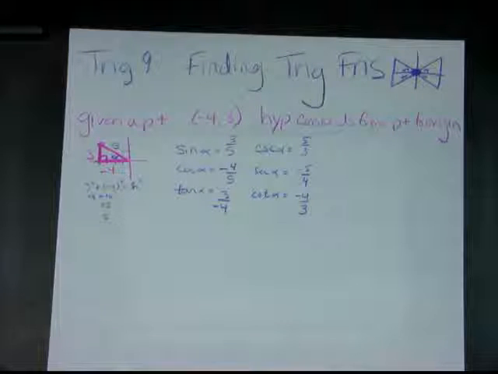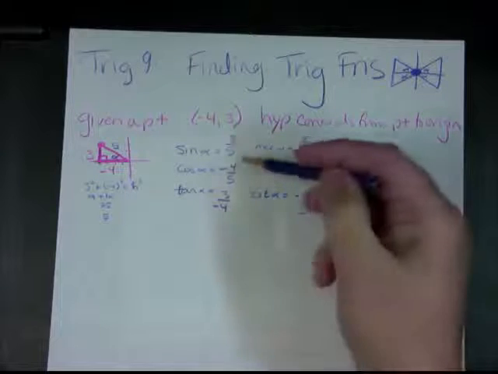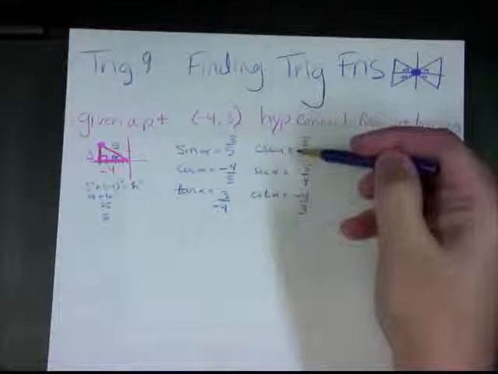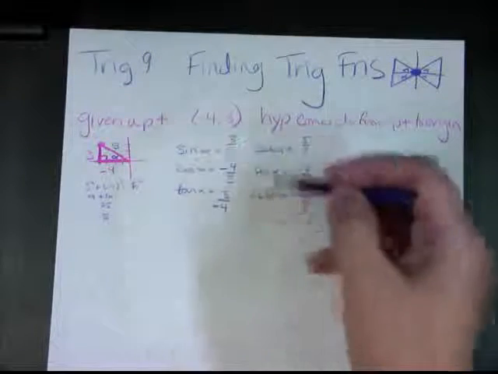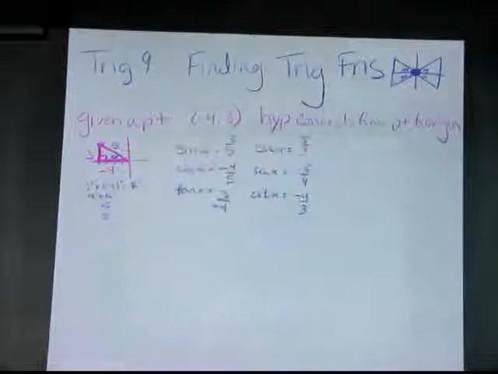Do your homework in this same fashion, meaning do sine, cosine, tangent, and then the cousins. Cosecant matches with sine, secant matches with cosine, cotangent matches with tangent.